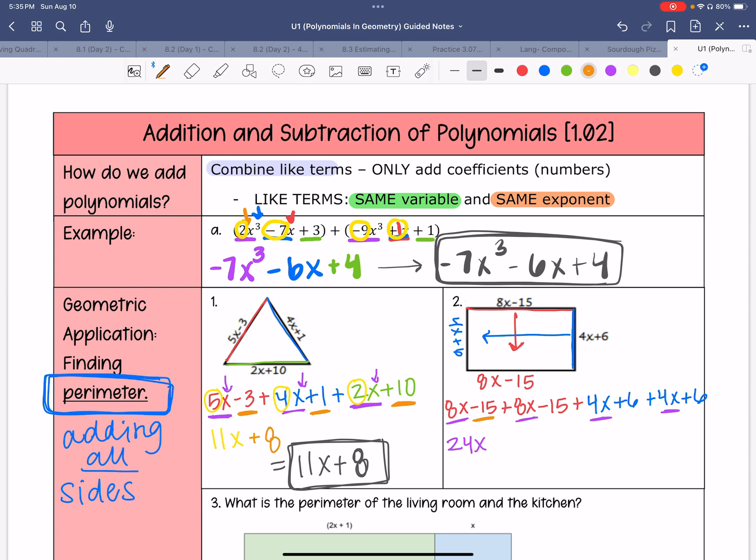So negative 15 plus negative 15 plus 6 plus 6 is going to give me negative 18. Again, I want to double check that this is in standard form, and it is, so my final answer is 24x minus 18.